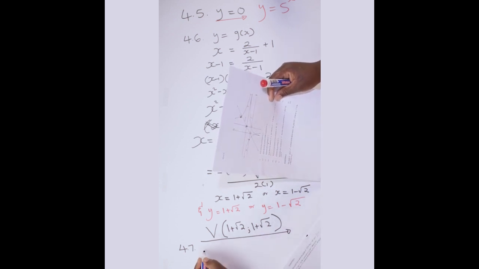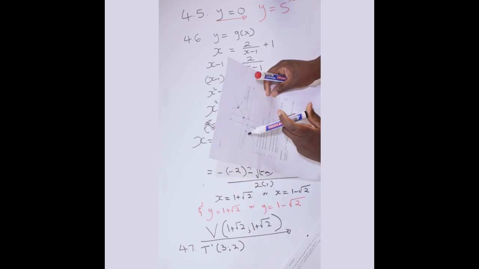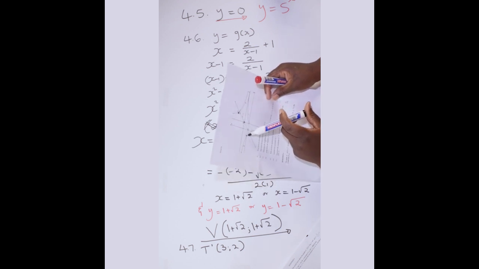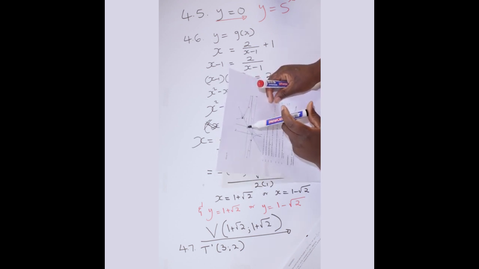We count until we reach our point T prime being (3; 2), with just the movement from the given graph, from R to T and from R to the other point. The movement you make from T to R must be the same as the movement from R to T prime. Okay, thank you.